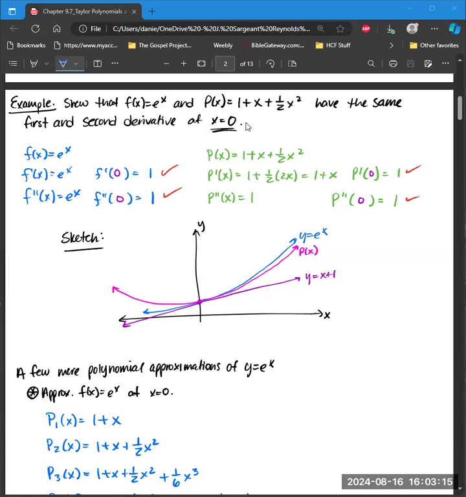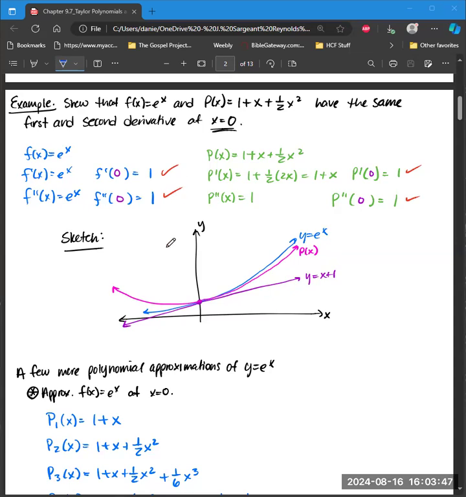Much better than this purple line here, y equals x plus 1, that is only good for just a little bit, and then the blue function pulls away so quickly. But the pink function is also increasing right along there with e to the x. So at least to the right over here, it seems like it's a pretty good approximation. Over here to the left, the pink function is actually above the blue function, but still staying kind of close.